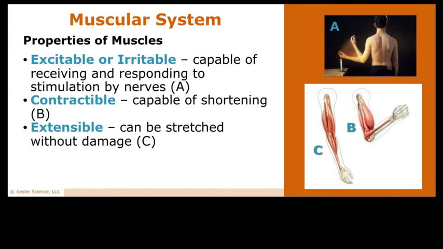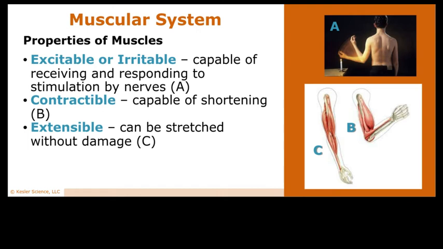In terms of properties of the muscles, they're excitable, or irritable. They're capable of receiving and responding to stimulation by nerves, which is shown in picture A. They're contractible, meaning they're capable of shortening, which is visible in image B. They're also extensible, which means they can be stretched without damage, and that's the key point.